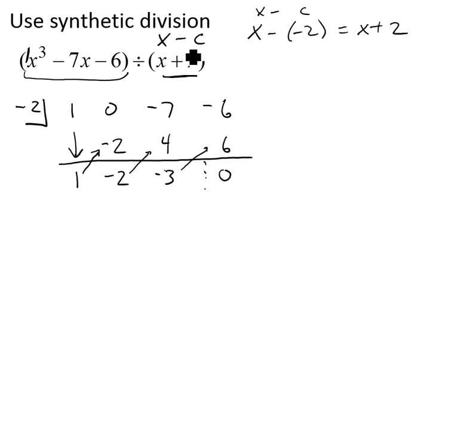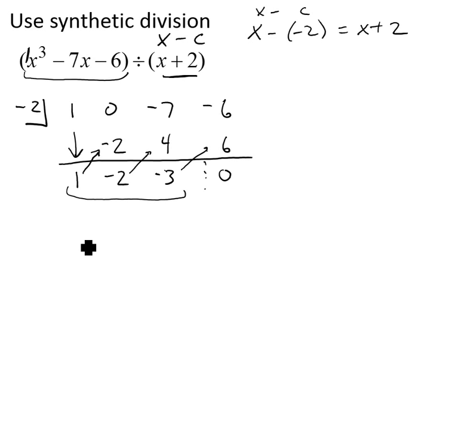Because synthetic division has to be dividing by something in this form, our answer is always going to be 1 degree less than what we started with. So these coefficients will be the coefficients on a polynomial that's 1 degree less. Since we started with x to the third, our quotient will be an x squared polynomial.